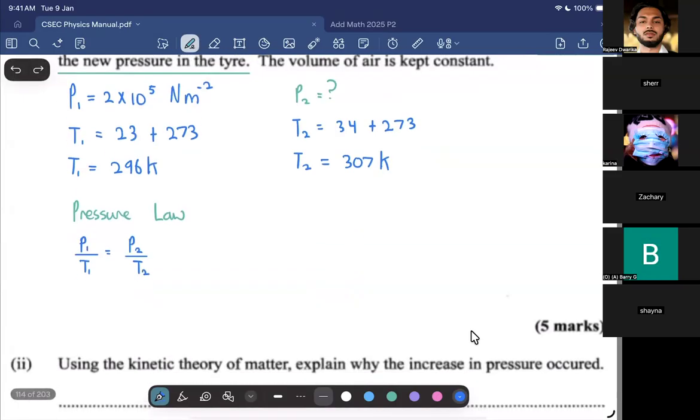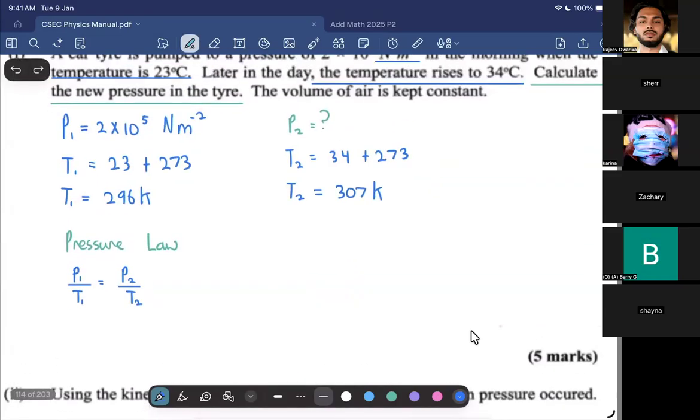Great. So Zachary, let's do substitution now. P1 is 2 by 10 to the power 5, all over T1. T1 is 296. And that's going to be equal to P2. I don't know what P2 is, so I'm going to leave that blank for now. And T2 is 307. Zachary, can we see that there's a fraction on either side?